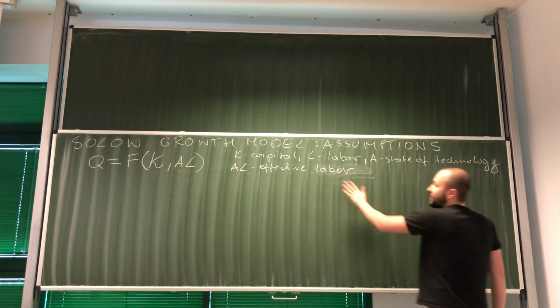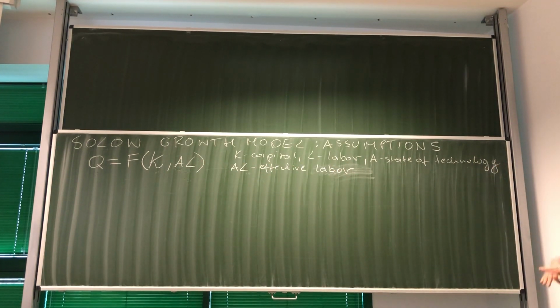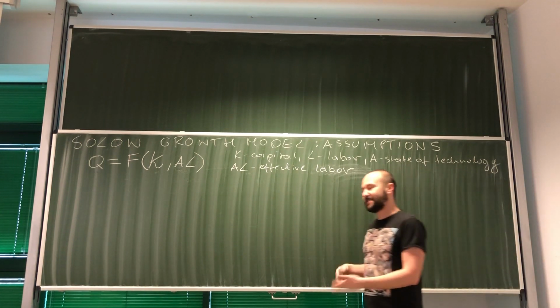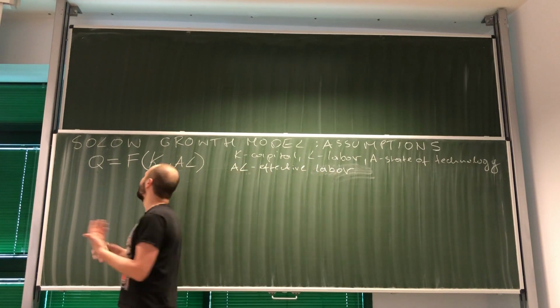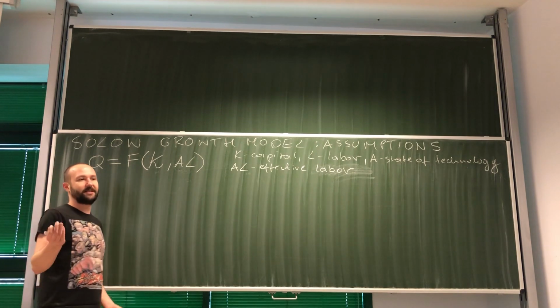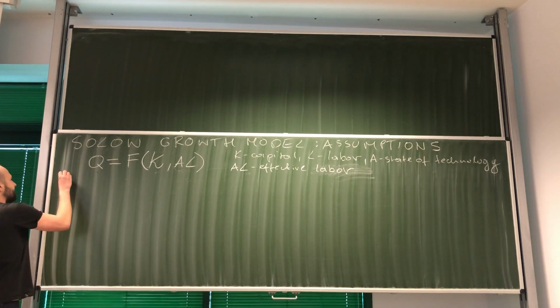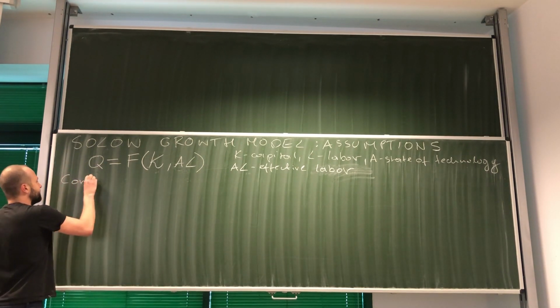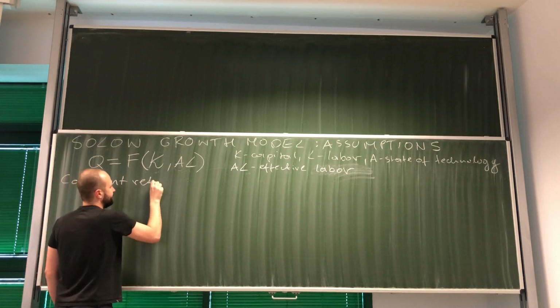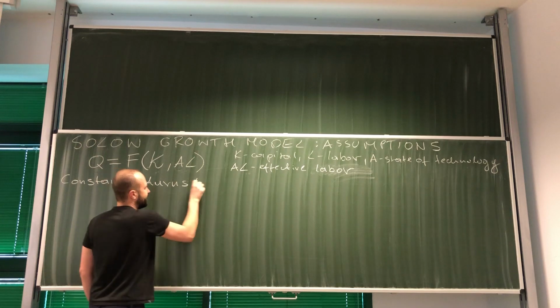Okay, so now that we know what effective labor is, let's move on to more famous assumptions that you also probably heard about in your macroeconomics class. So the first one is constant returns to scale.